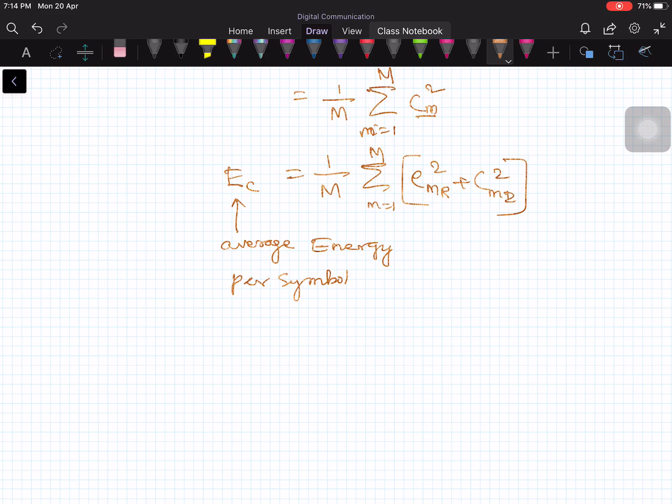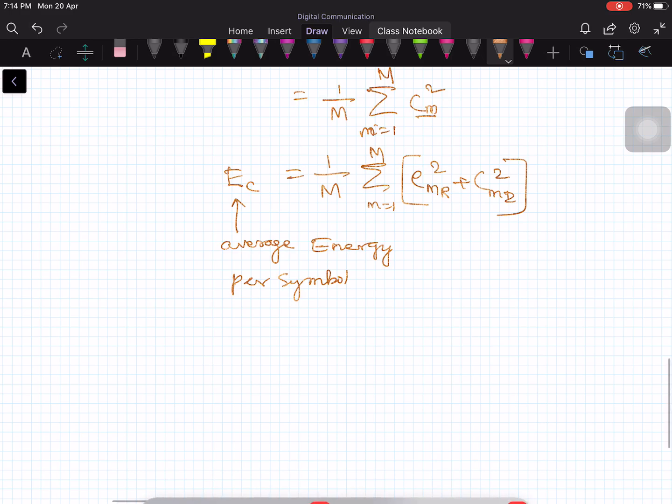If you are far away from the origin, then that means you are pumping more amount of power. So the distance you can think of is the sum of the square of the real component plus the square of the imaginary component. The real component is represented by Cmr and the imaginary component is denoted by Cmi. So this is the average energy per symbol for a given constellation.